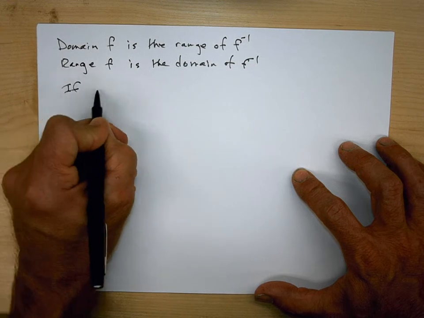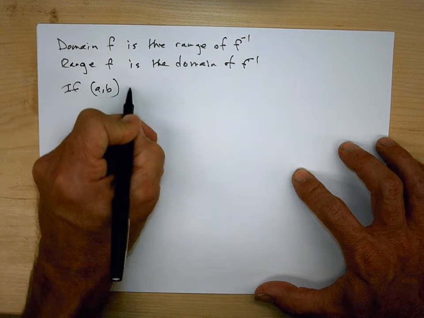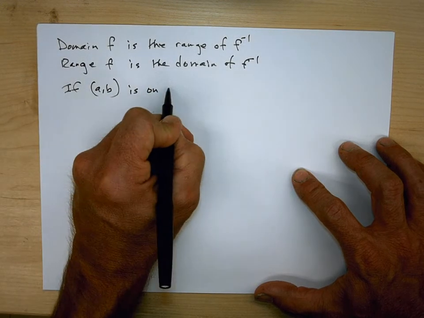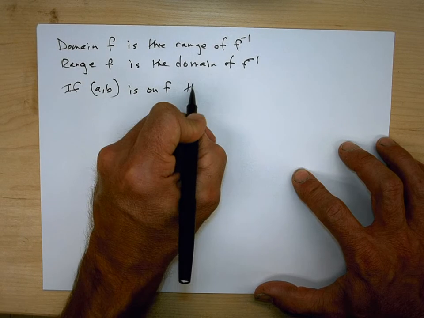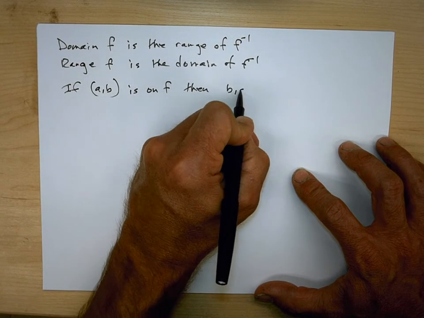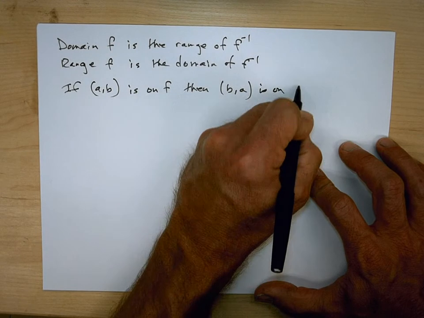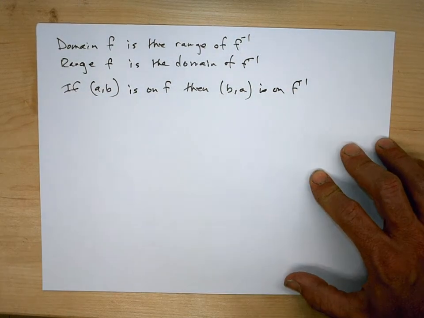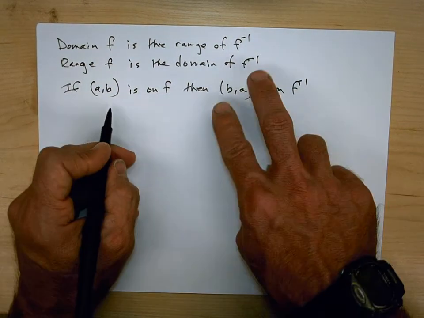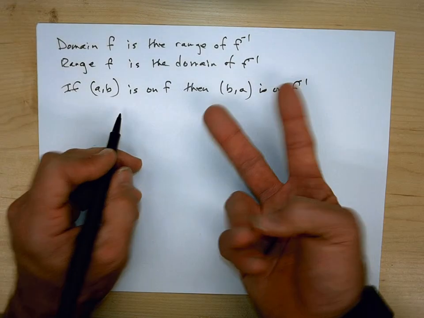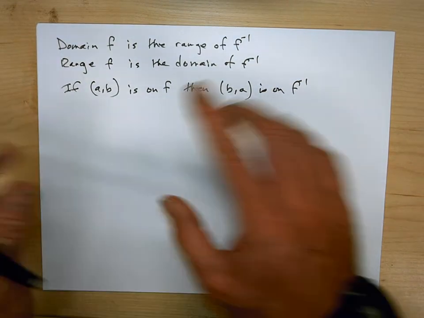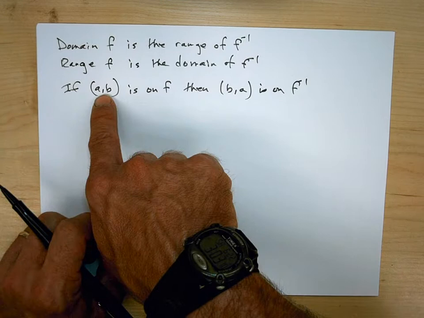So if the point (A, B) is on f, then the point (B, A) is on f inverse. All right? Because what we're doing is we're swapping the domain and the range. And that means if we're swapping the whole sets, that means every individual point, right?